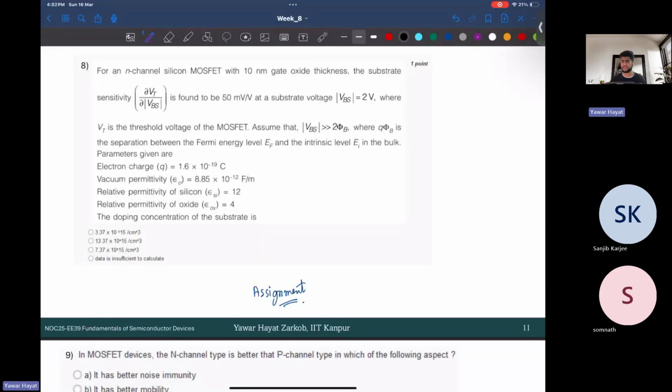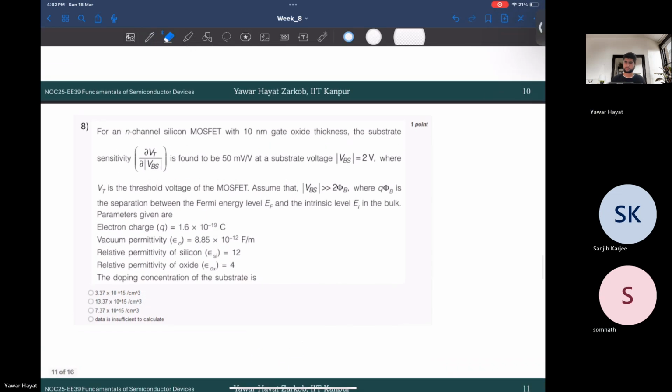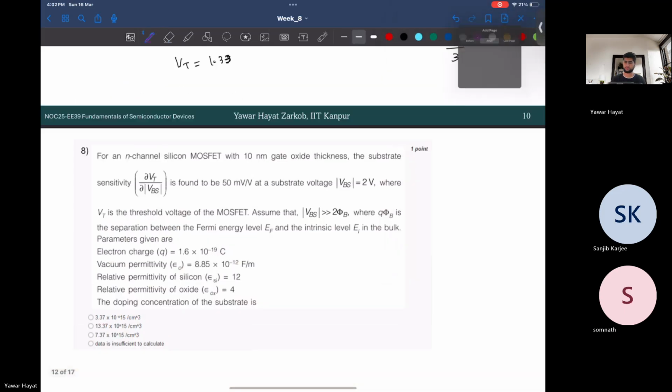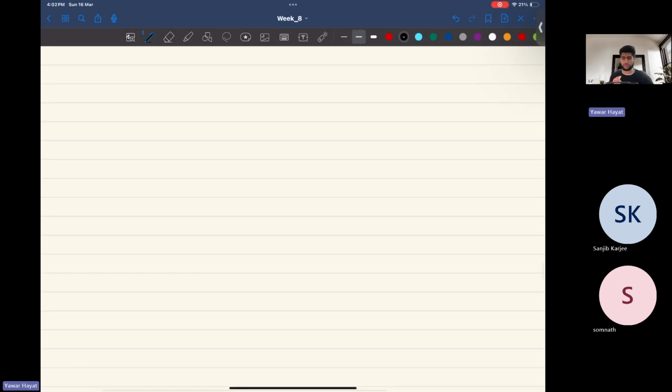Question 8, we discuss this one. You will be following VTH is equal to VTH naught plus gamma times the square root of 2 phi B plus VSB.